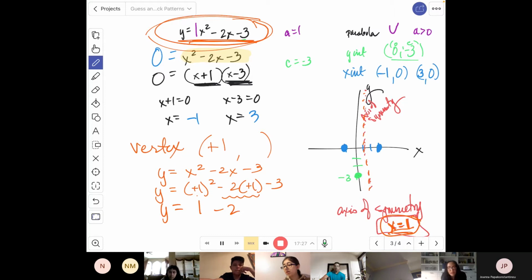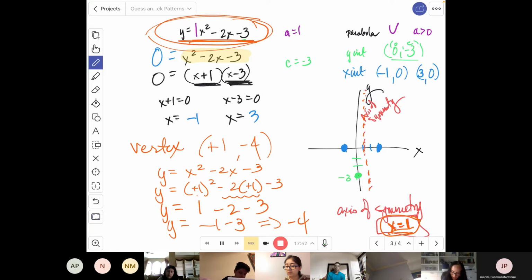Negative 2 times 1 is negative 2. Do we agree? And then I have my minus 3. So then that's y equals 1 minus 2 is negative 1 minus 3 is what? Negative 4.